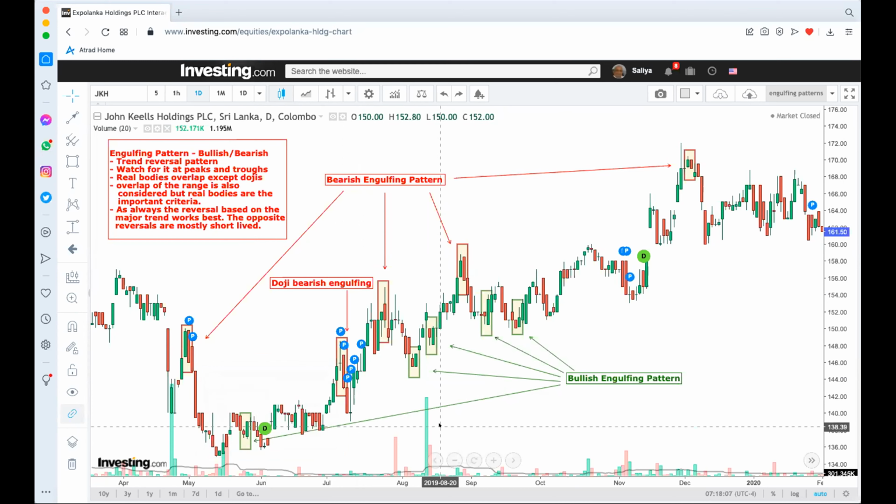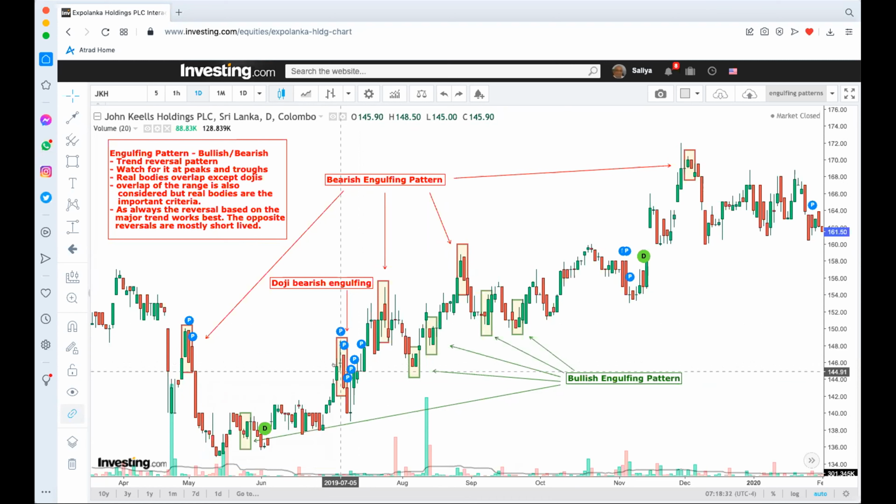What it means is that you will see a formation where a Doji candle, meaning a directionless, indecisive candle, is followed by a bearish long candle, which covers or engulfs the middle part of the candle.